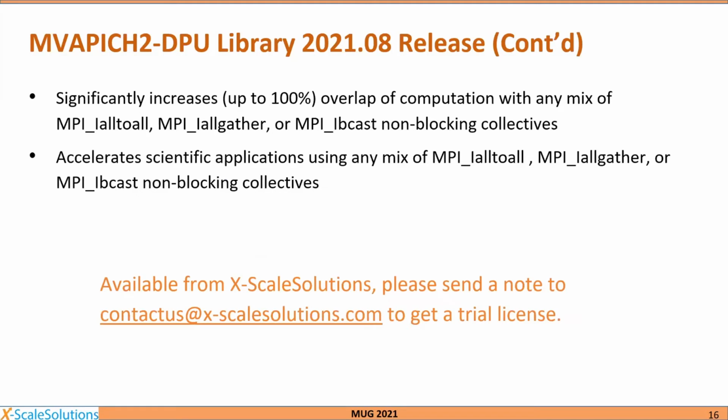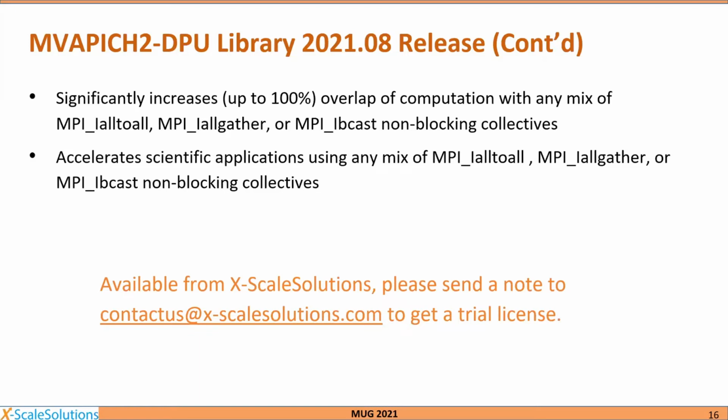And as it turns out, this library can significantly increase the overlap, up to 100%, between computation and any mix of our supported non-blocking collectives. It actually accelerates scientific applications which use a mix of these supported collectives.